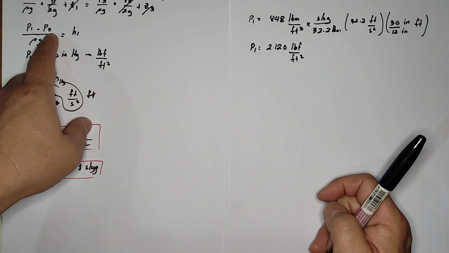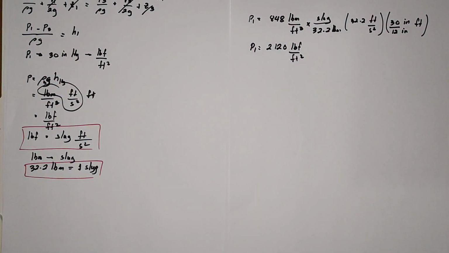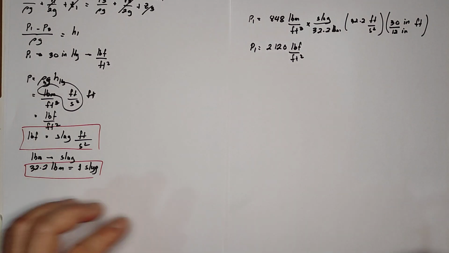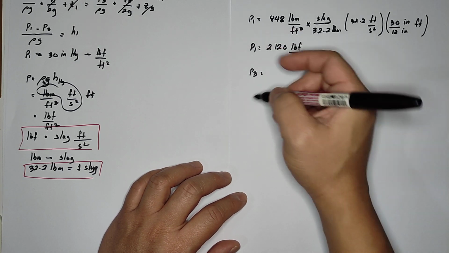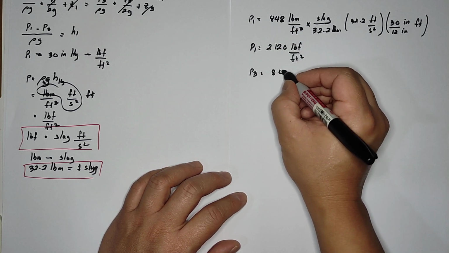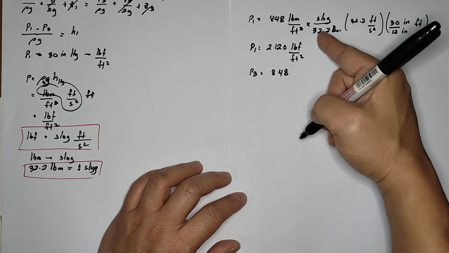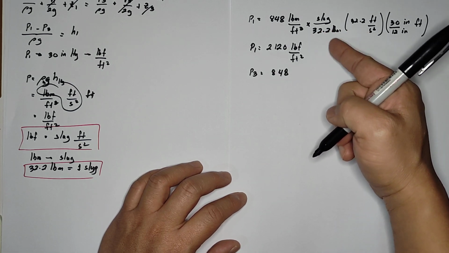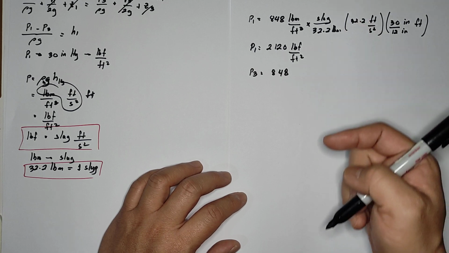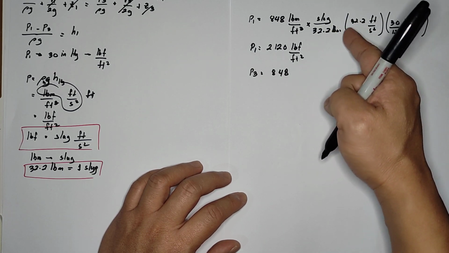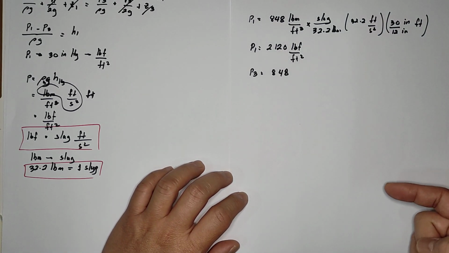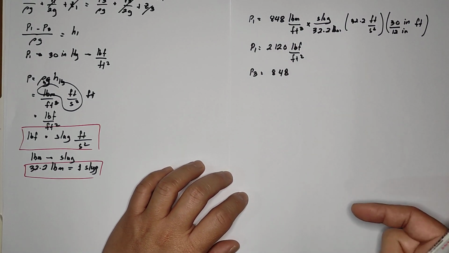We only need to get the P3. For P3, the same also, 848. Now you understand what the solution was before, so I don't need to multiply the 32.2 again; we'll just make a shortcut.